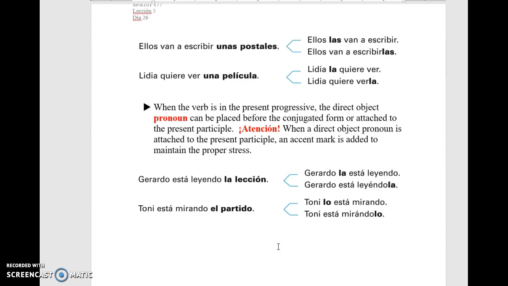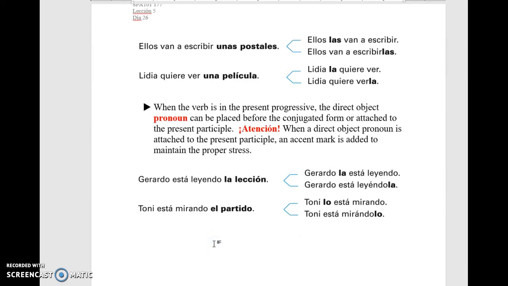We want to change la lección to its pronoun la. Gerardo la está leyendo. As opposed to Gerardo está leyéndola. Okay. If we have Tony está mirando el partido, Tony lo está mirando. Okay. Or Tony está mirándolo.